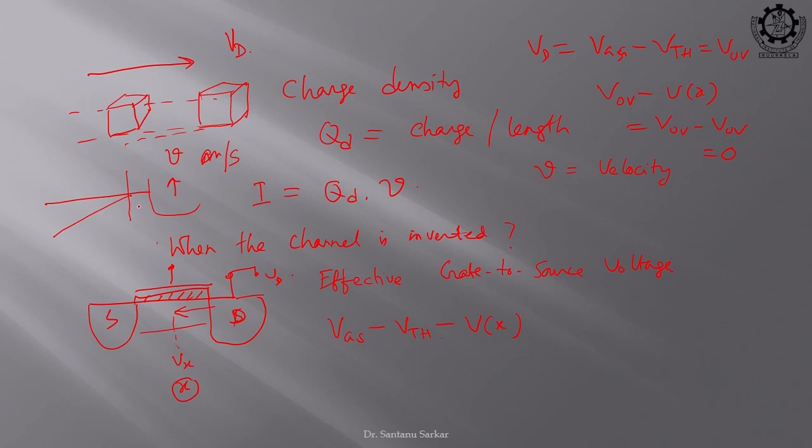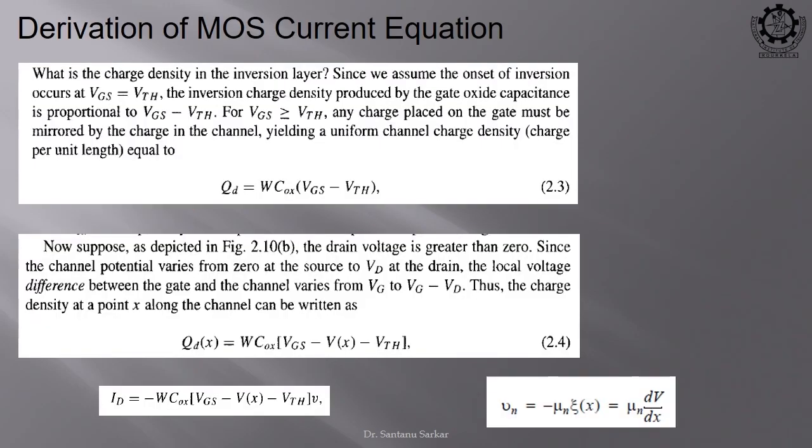So, to model this effect of VDS, this is the effective voltage that will be the driving force behind the movement of this QD, or the electron chunk. If we do not have any drain potential, then VGS minus VTH is our effective voltage, and that I should multiply with what is Q?